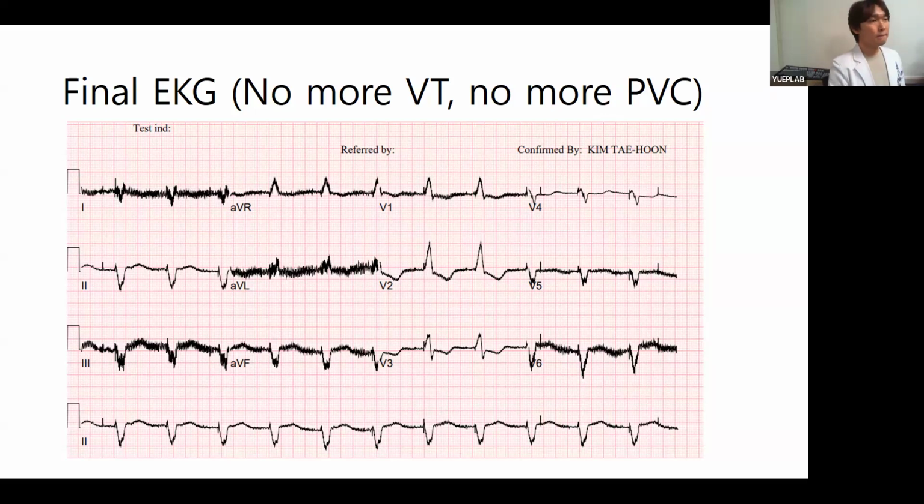So there are several choices. Number 1, amiodarone and antiarrhythmic drug therapy. Number 2, catheter ablation. Number 3, LVAD like this. Number 4, heart transplantation. So how do you make the decision?